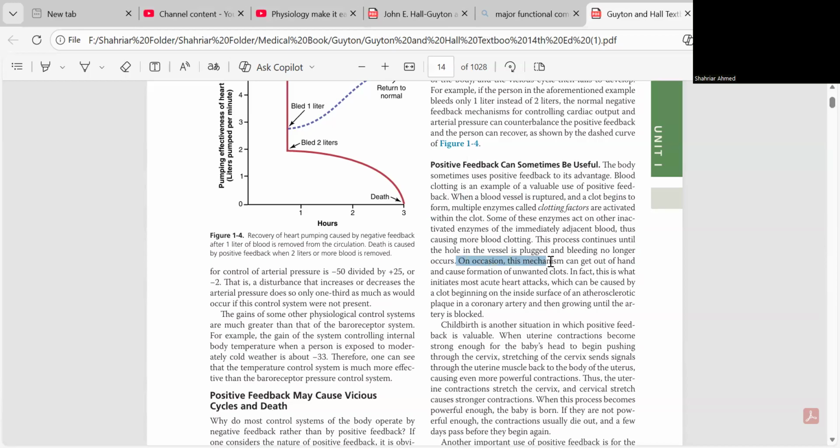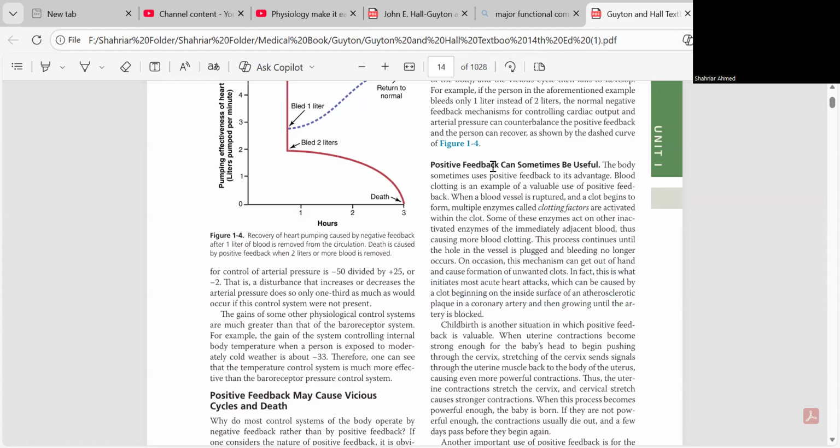On occasion, this mechanism can get out of hand and cause formation of unwanted clots. Sometimes this may be harmful and cause heart attack, venous thrombosis, and others. In fact, this is what initiates most acute heart attacks, which can be caused by a clot beginning on the inside surface of an atherosclerotic plaque in a coronary artery and then growing until the artery is blocked.